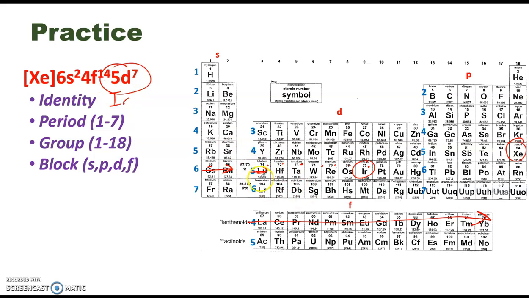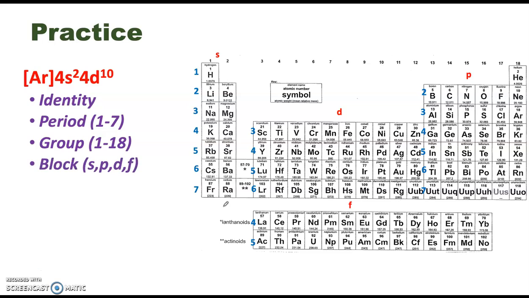Actually, you could just look up 5d7 and go, okay, here's 5, here's the D block, and then count 7 in. You don't actually have to follow it from the beginning. So we've got iridium, which is in group 9. So group 9, period 6, and it is in the D block.